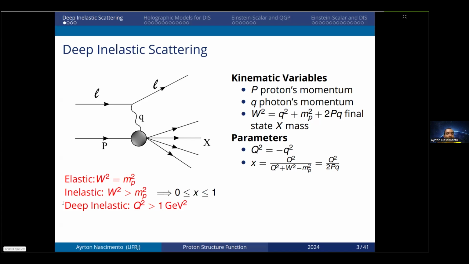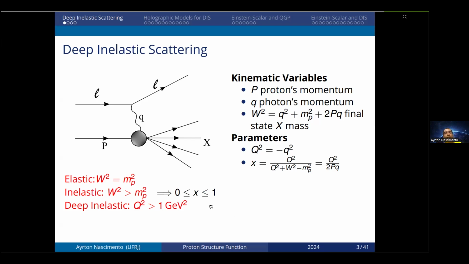But the regime in which we have deep inelastic scattering is when the energy for the exchanged momentum related to the photon is bigger than 1 GeV squared, because 1 GeV squared is the mass of the proton.